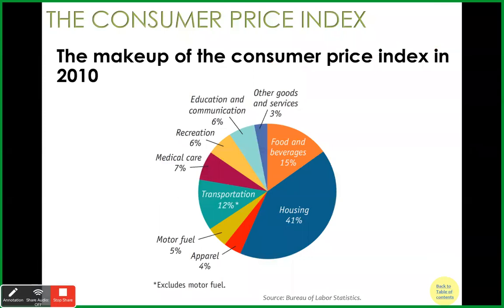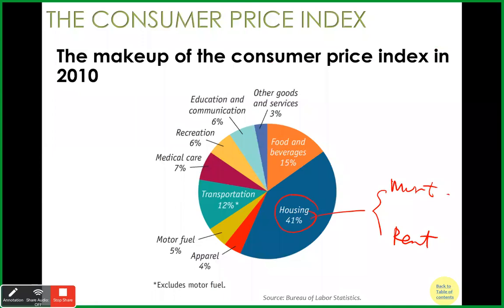Now let me explain how we come up with this market basket and what this market basket looks like. First, this is how it looks. This market basket has many things inside. Housing, remember, including maybe mortgage or rent.